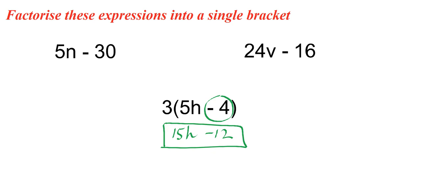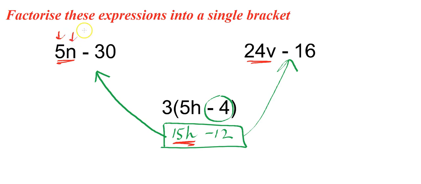Now you'll notice that this 15h minus 12 looks very similar to these questions here. You've got a term with a coefficient and a variable, and then you've got a constant.